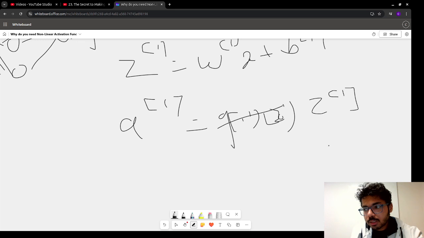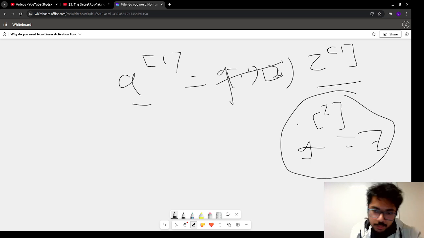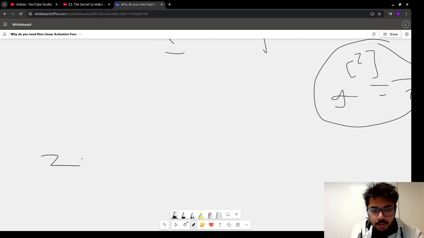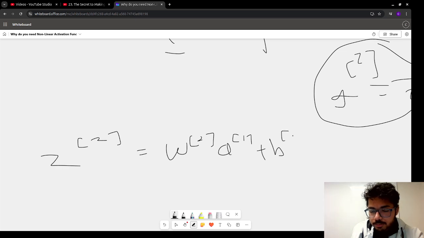So we can say a1 equals z1, where g(z) equals z is our linear activation function, right? So let's go on to the next thing now. z2 will be w2 a1 plus b2.